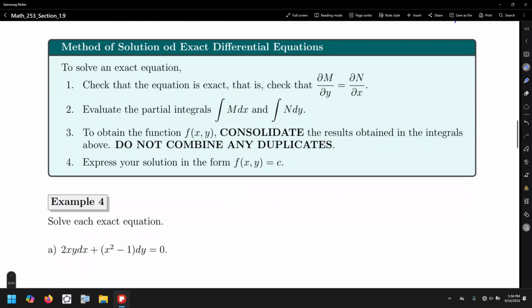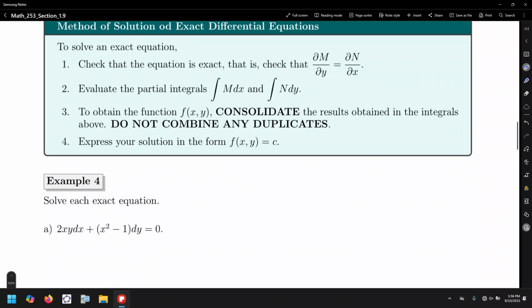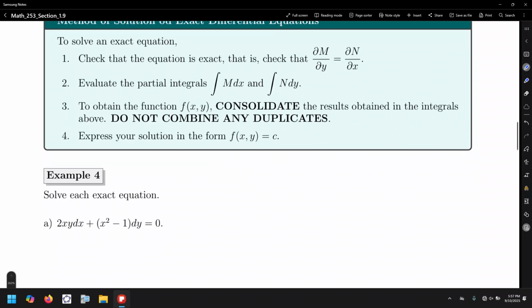Now here's the thing. When we find these two integrals, do not combine any duplicates of terms. Actually, we will consolidate the result. I'll show you what that means. And finally, let the function we obtained be equal to some constant c.